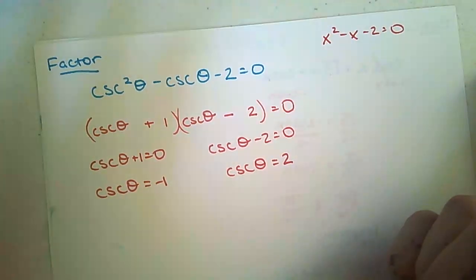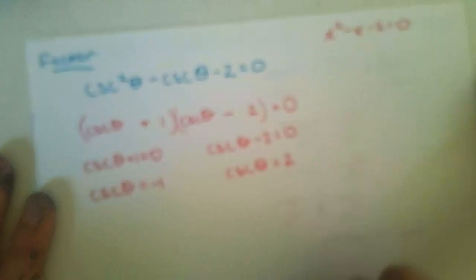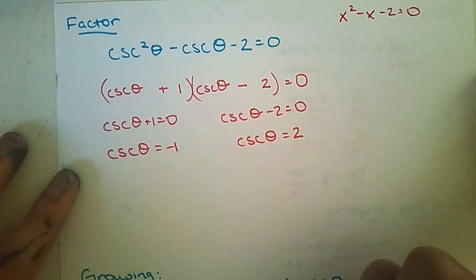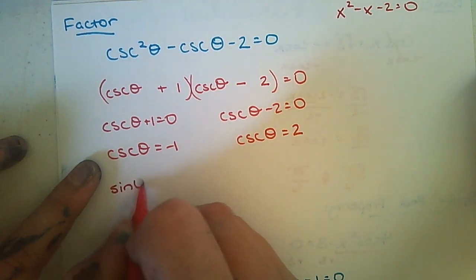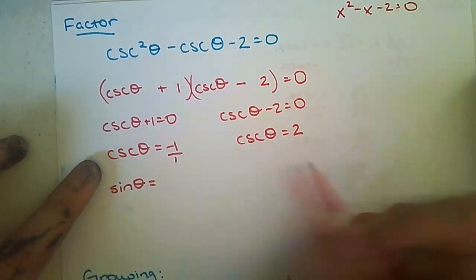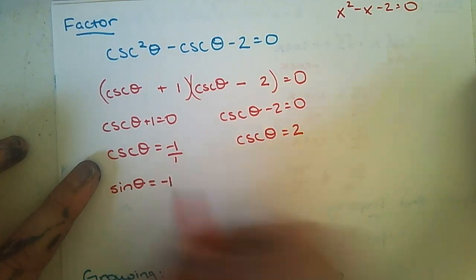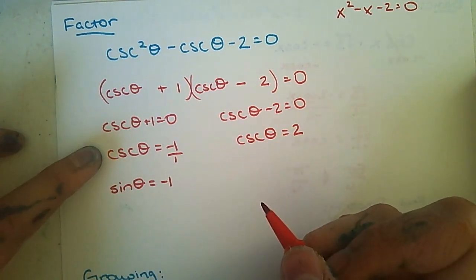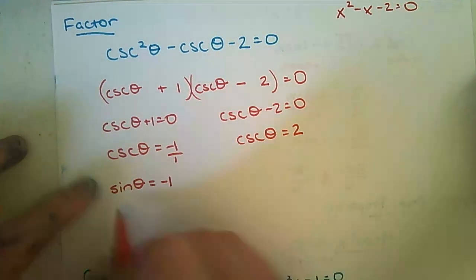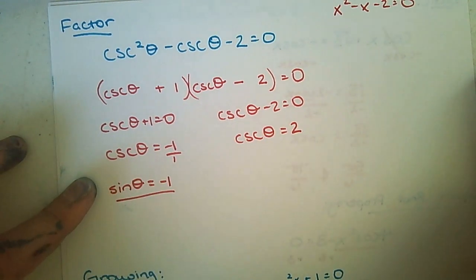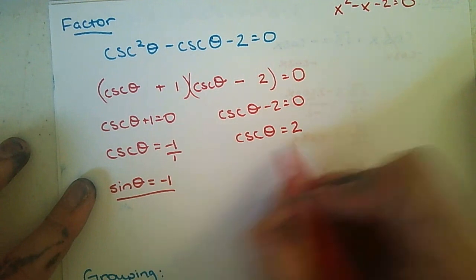It's not super easy off the bat to recognize. So remember, we can look at those reciprocal functions. The reciprocal of cosecant is sine, and the reciprocal of -1 is just -1. So cosecant equals -1 and sine equals -1 are the same things. Sine is just easier to recognize on our unit circle.